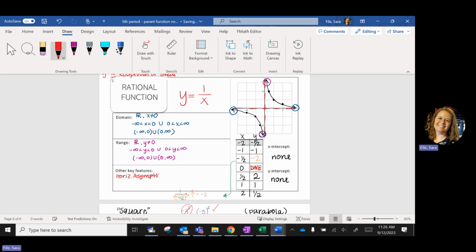And from here on out, you will see me abbreviate that HA, horizontal asymptote. The horizontal asymptote, that is a horizontal line, is y equals 0. It is the x-axis. And then there is a vertical asymptote.